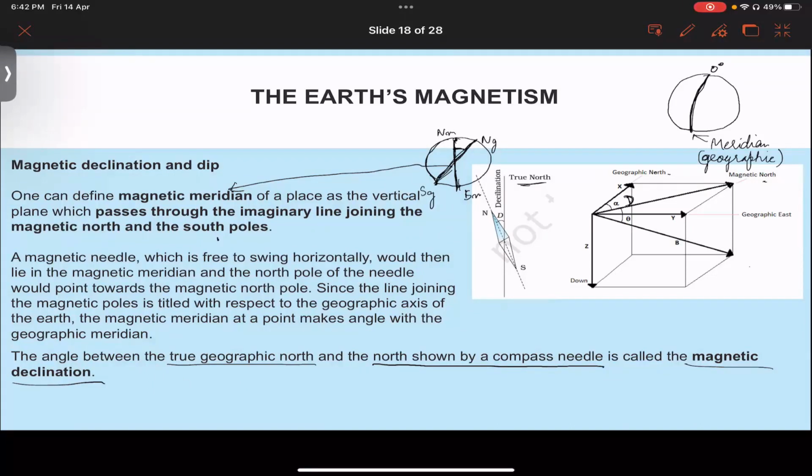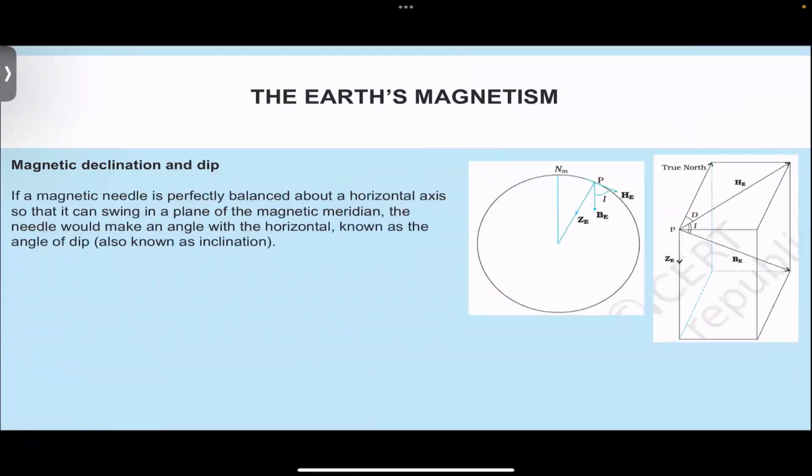Now there is another term which is associated with Earth's magnetic field. If we consider a magnetic needle perfectly balanced about a horizontal axis, and it can swing in the plane of the magnetic meridian, it will make an angle with the horizontal.